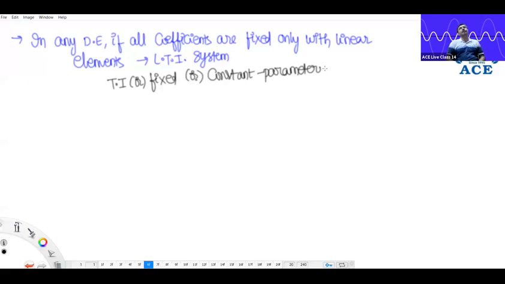So instead of an LTI system, they may use the words a linear fixed system. Time invariant system is also called a fixed system. Another name, constant parameter.